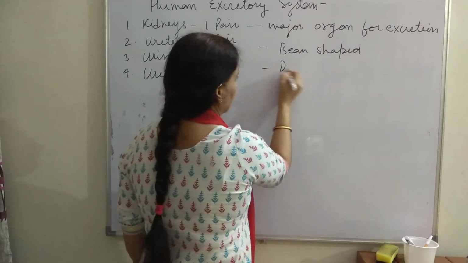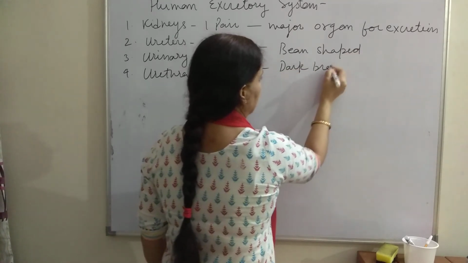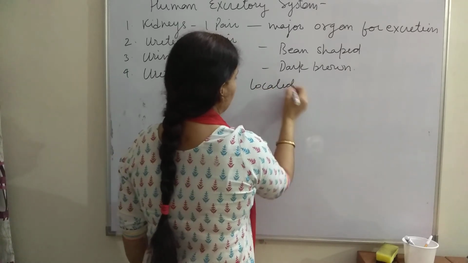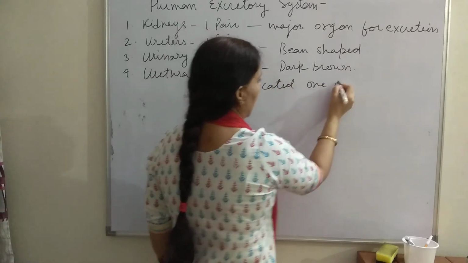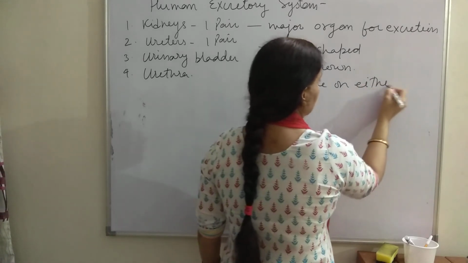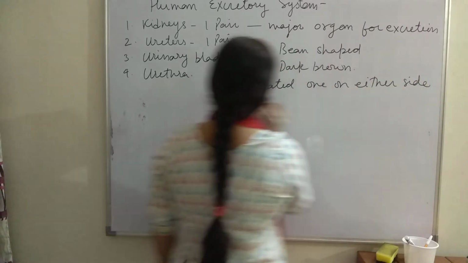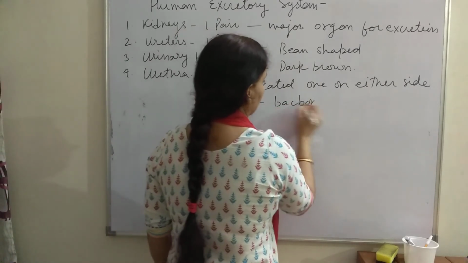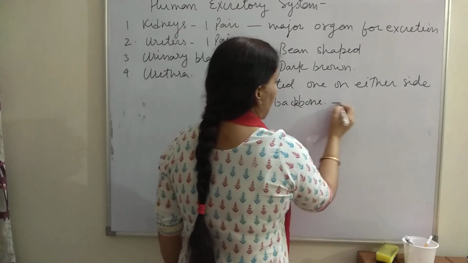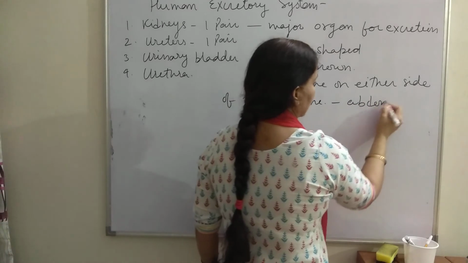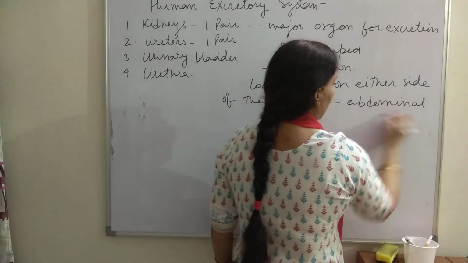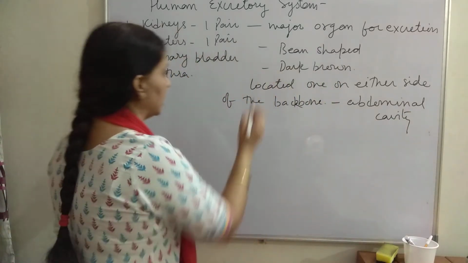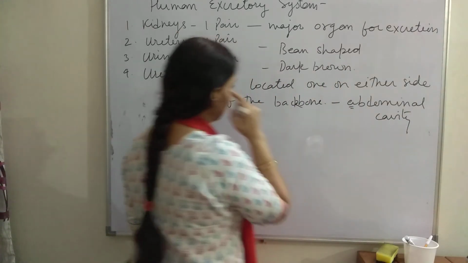They are dark brown in color and they are located one on either side of the backbone in the abdominal cavity. We have two cavities, upper thoracic and lower abdominal. So kidneys are located in the abdominal cavity.